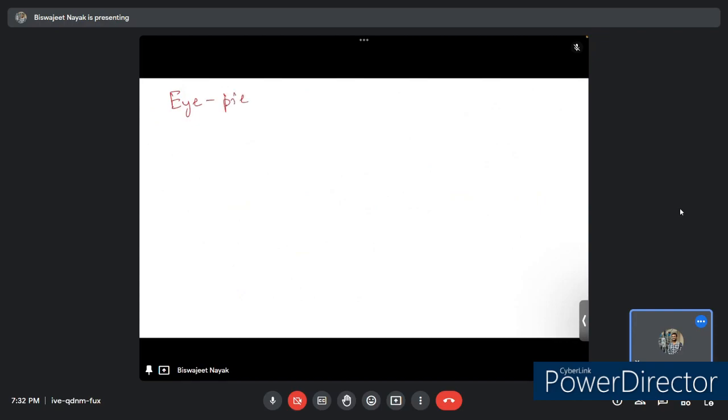Their main objective, as we know, is that they help in magnification of the primary image. With respect to that they also help in correcting the residual chromatic aberration.